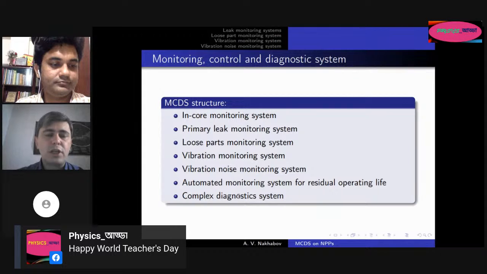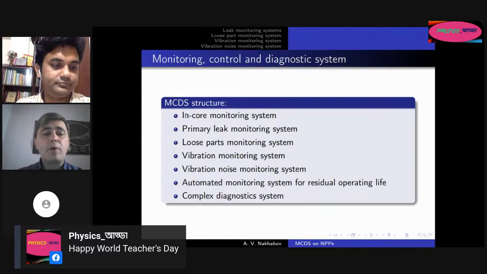It's called the instrumentation and control system of a nuclear power plant. So monitoring, control, and diagnostic systems are only one part of this huge overall system. But this part is very important for operation.